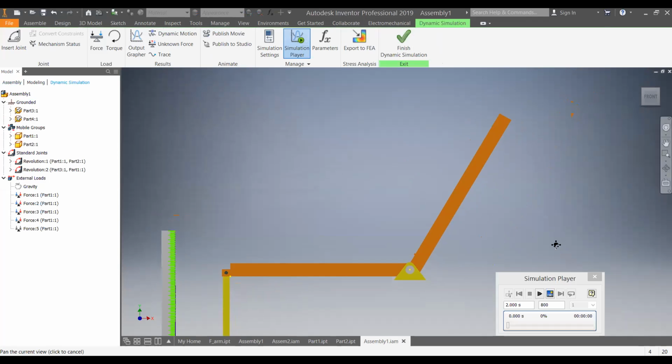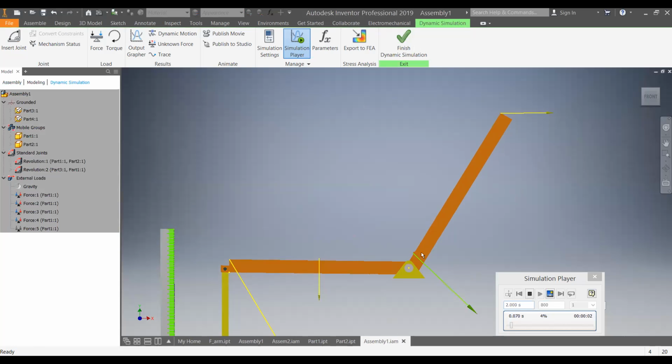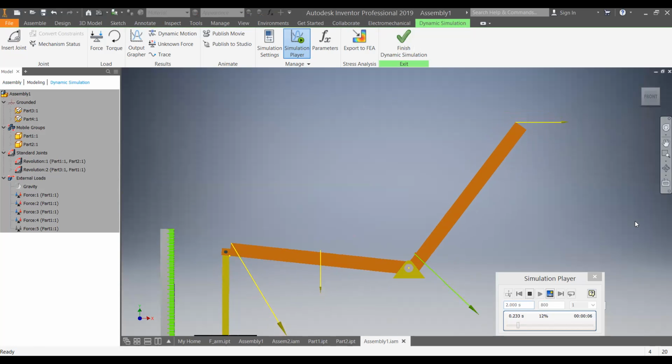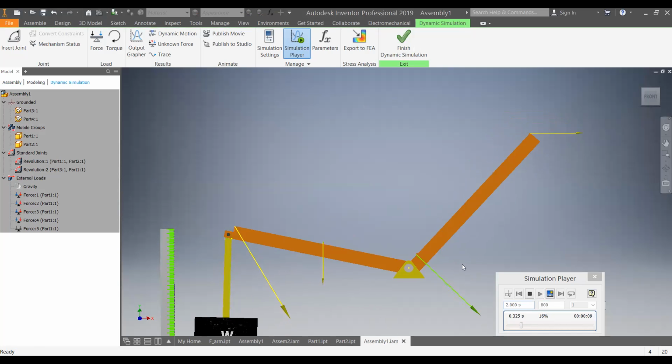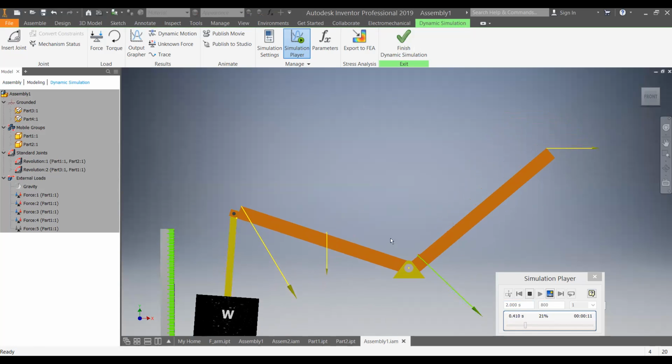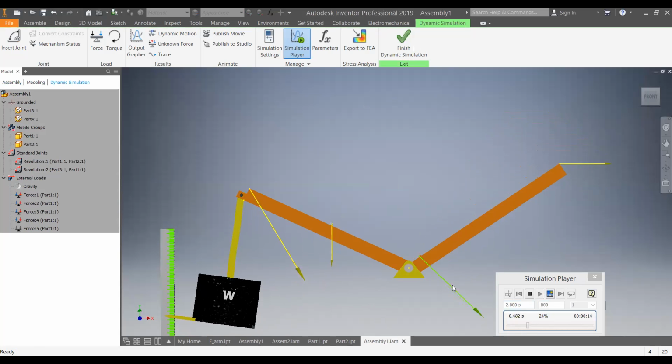You can see the forces and their effect. If the resultant is acting on the right side of B, then it will rotate the system in the clockwise direction. And if the resultant acts on the left side of point B, it will rotate the system in the anti-clockwise direction. So we will check whether it is on the right side or the left side. This is the resultant, and these are the forces. As it is acting on the right side, it will rotate the system in the clockwise direction.